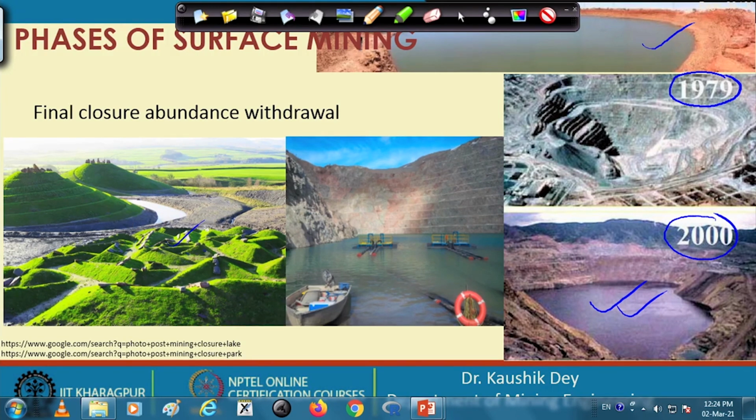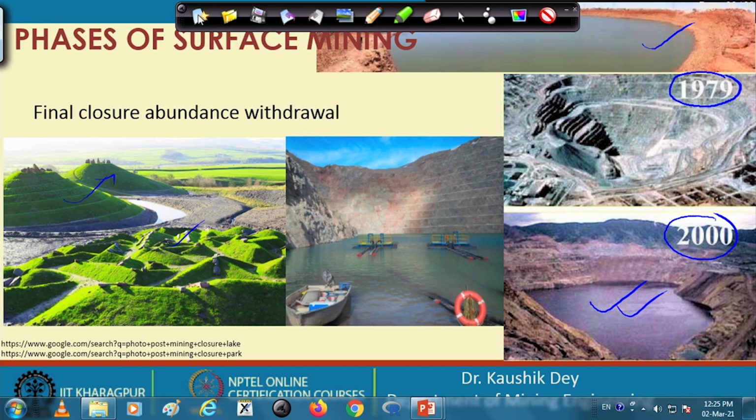You can see these are the overburden dumps, how the dump area is vegetated and recreated. So, it is acting as a very good recreation center here. So, these are the different examples of the closing of the mines. Different utilizations are possible with different mining.